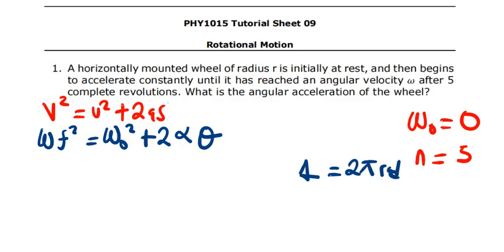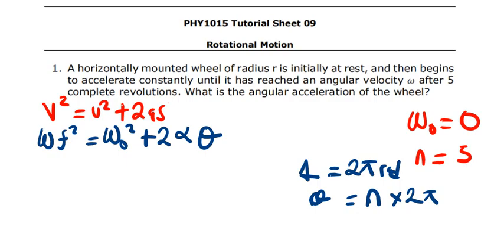How are we going to find theta in terms of the number of revolutions? In this case, theta will be equal to n, the number of revolutions, multiplied by 2 pi, multiplied by the radius. Now, have we been given the radius?